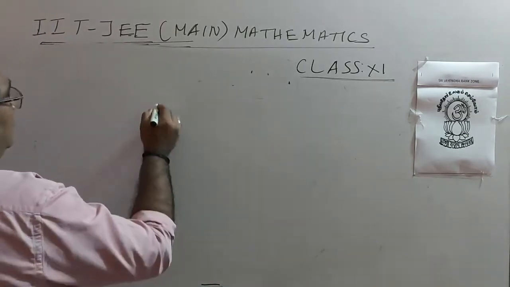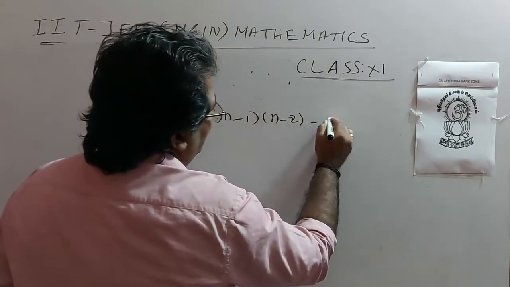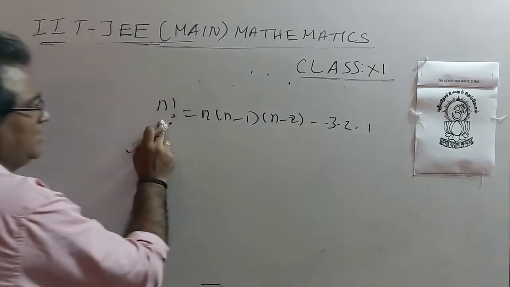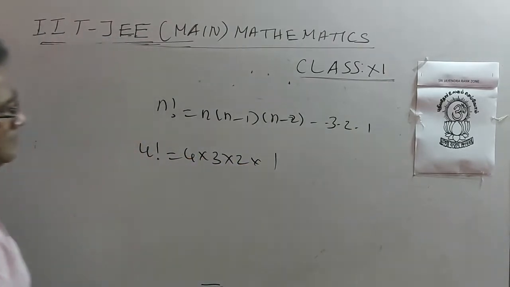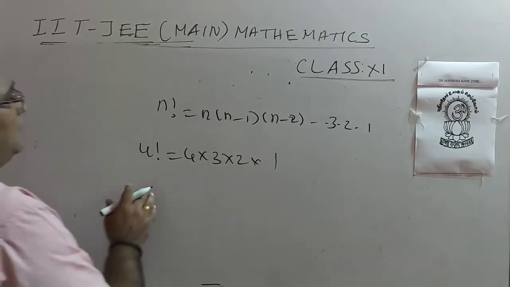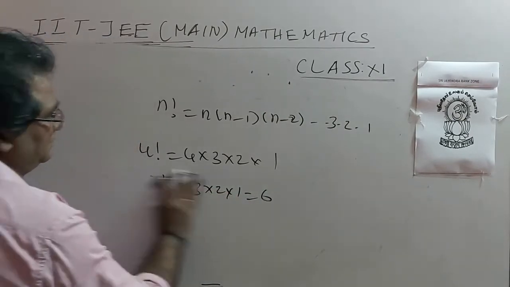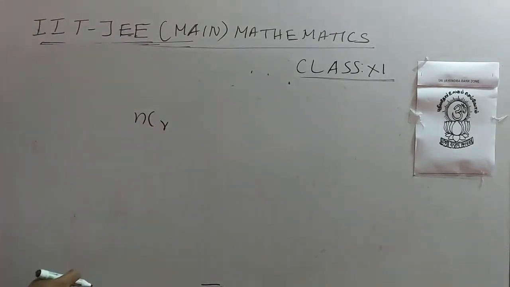See, n factorial means n into n minus 1 into n minus 2 up to 3, 2, 1. The continuous product of natural numbers from 1 to n is called n factorial. That means 4 factorial equals 4 into 3 into 2 into 1. So we are using these notations. If you don't know about this, just have a look at this: 3 factorial means 3 into 2 into 1, that is 6. nCr, you will study about this in permutations and combinations.